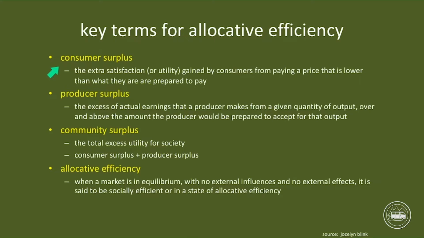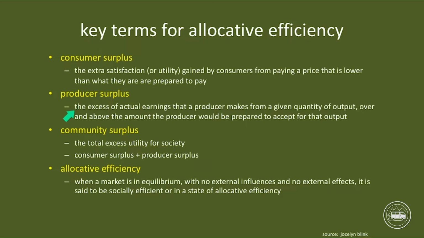Cool. So before we get into actually looking at the diagrams, let's take a look at some key terms that you need to know for allocative efficiency. Number one, you need to know what consumer surplus means. Consumer surplus is the extra satisfaction or utility gained by consumers by paying a price that is lower than what they are prepared to pay. When you see the diagram, that'll make more sense.